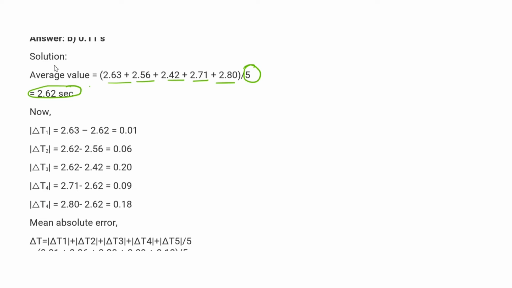So we find the difference and write it down. 2.63 minus 2.62, which is 0.01. Again for del A2, 2.62 minus 2.56, which gives us 0.06. So here we take only the absolute value, no sign, whether it's positive or negative. Similarly, we find for the others till A5.